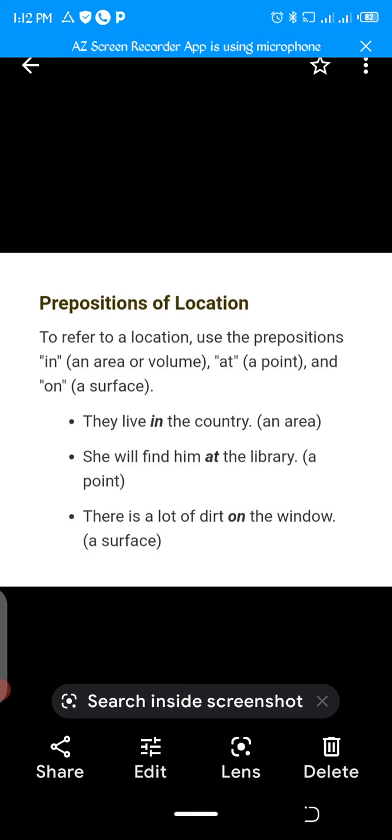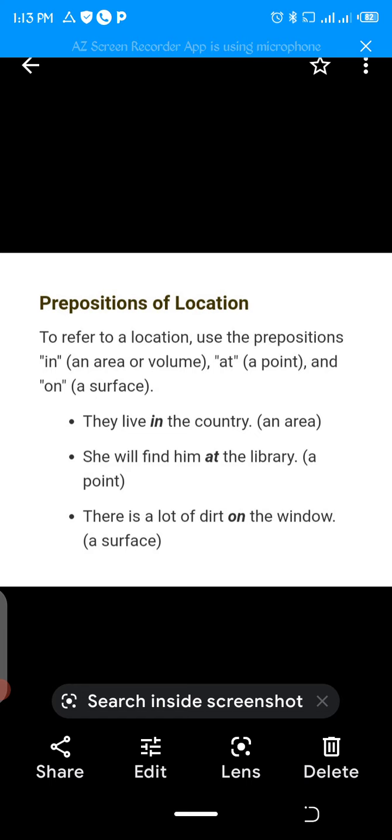A country is an area. For example, I can say, I live in Nigeria. I use the preposition in to show the location, which is Nigeria.